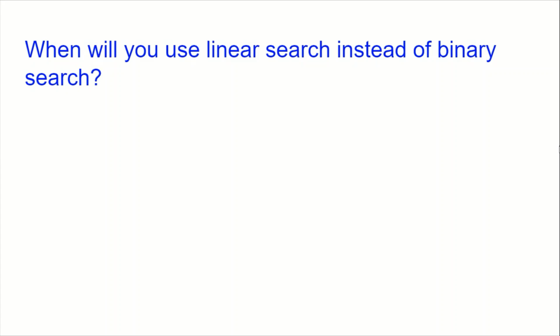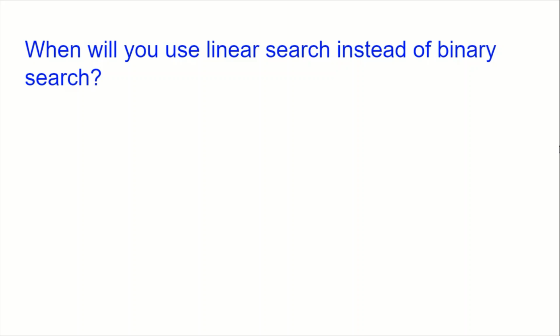Now, let's do some exercises. Again, you can pause the video before solutions are revealed. Question number 1. When will you use linear search instead of binary search? So we use a linear search if the array is not sorted.